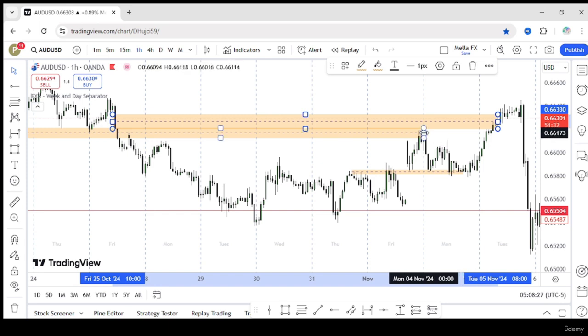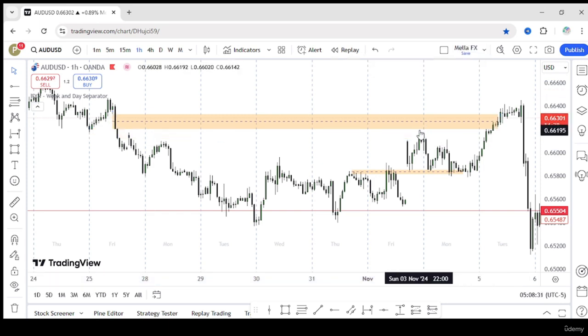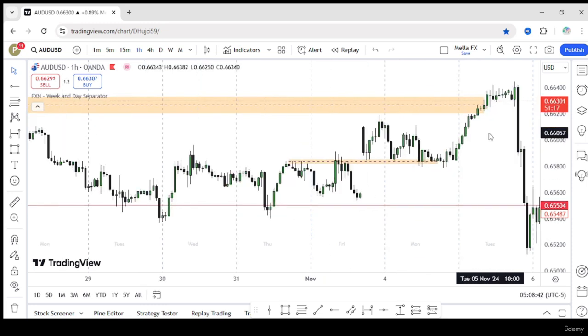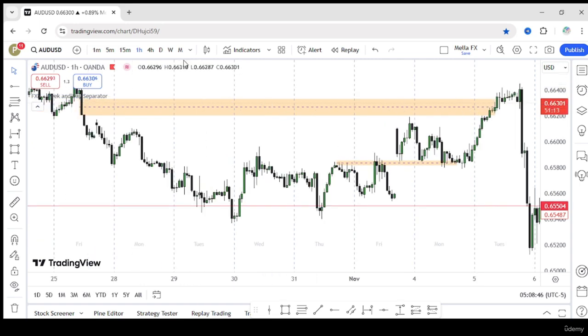We can see that from this daily, we had buy stops up above near this imbalance. So for our target, we'll be looking to exit at the nearest 1 hour or 4 hour.